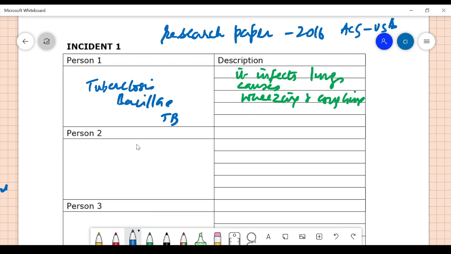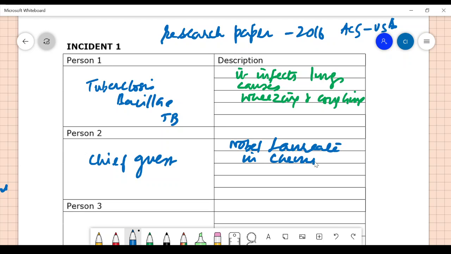And secondly, I just think of the chief guest there, and he was a Nobel laureate in chemistry by name K. Fukui.